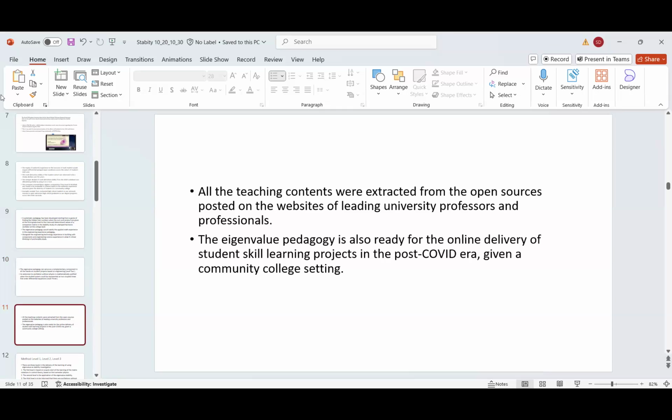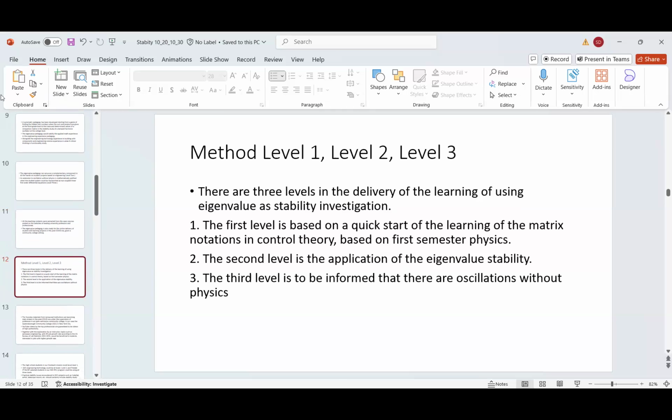All the teaching content was extracted from open sources posted on the websites of leading university professors and professionals. Eigenvalue pedagogy is also ready for online delivery of student skill learning projects in the post-COVID era, given a community college setting. So there are 3 levels in the delivery of learning using eigenvalues for stability investigation.